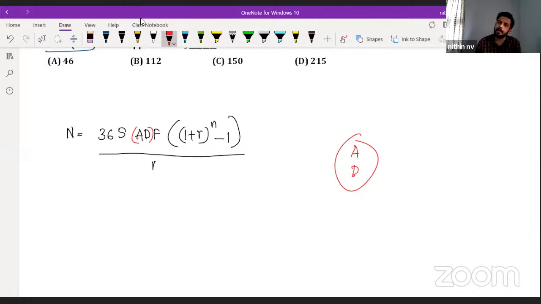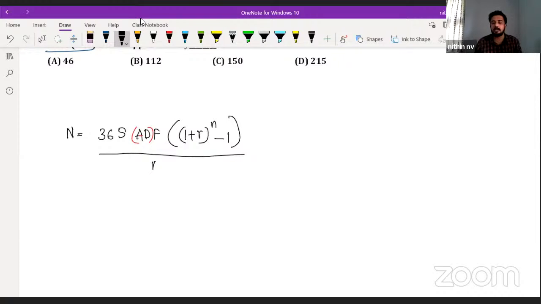Sometimes they will calculate A separately, D separately, and substitute. So no need to get confused by looking at the solutions of different institutes and wonder why they have taken D along with A. Simply, A into D we can consider together, or separately also. It's up to us.